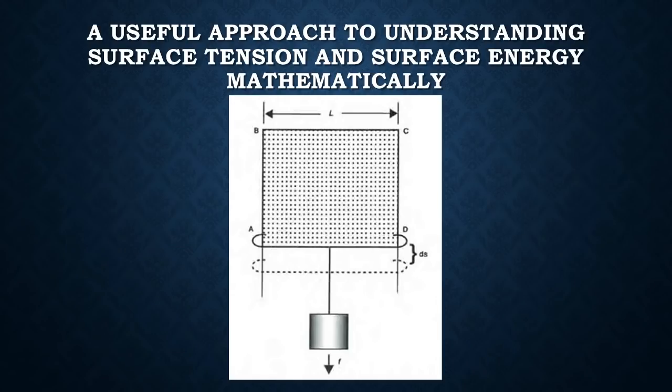Mathematically, we can understand surface tension and surface energy by using the drop weight approach, the drop weight method. In this method, we have two wires with a slider, and this is the end of the wire as well.